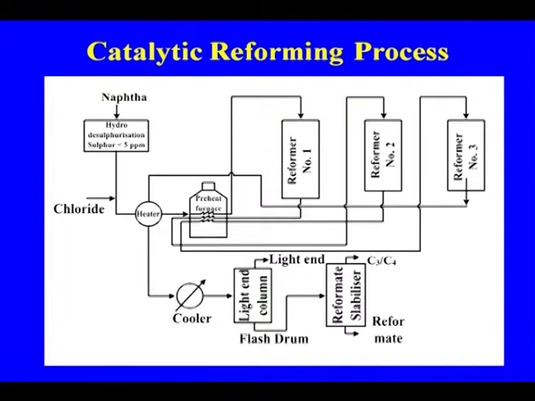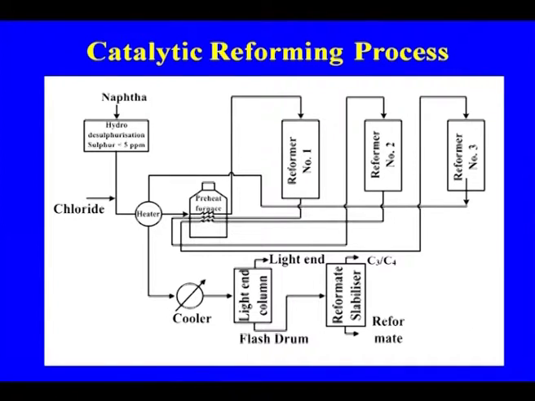As I told you, during the process we also get hydrogen and LPG; whether the light ends are more or less depends upon your operating condition, on the temperature. Then it goes through the flash drum.